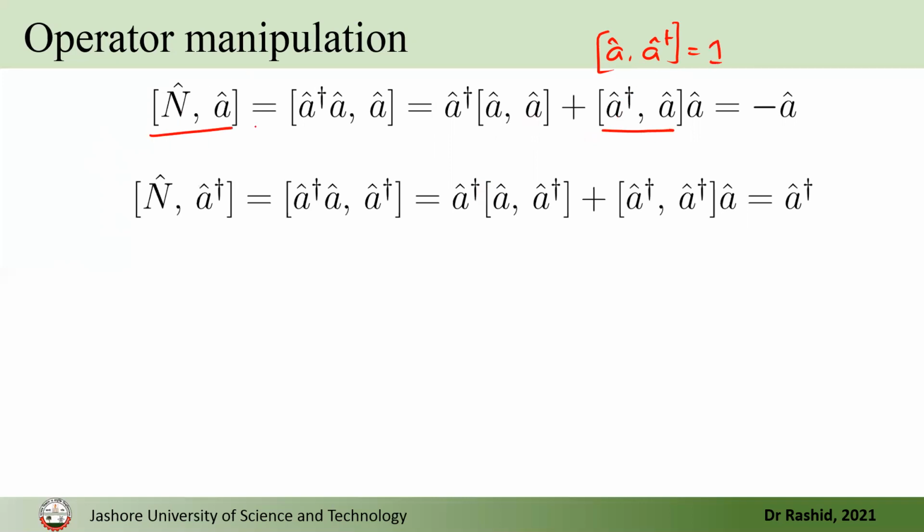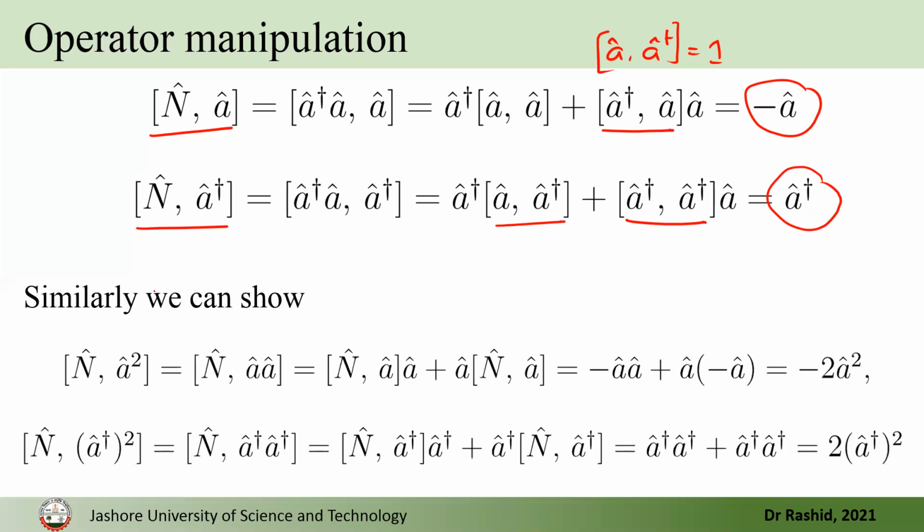Therefore, from this commutator, we have minus A hat. Similarly, from this commutator we have A hat dagger, because this is 0 and this is 1. Now we can continue like this, and if we calculate the commutator of n hat and A hat square, then we arrive at this, and if we calculate this one, we will have this one.